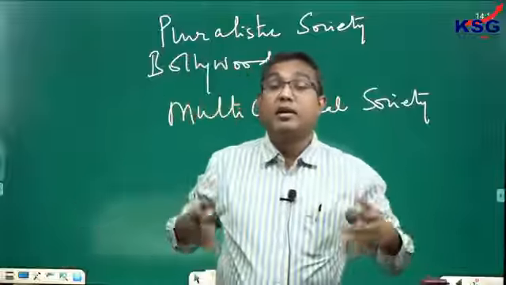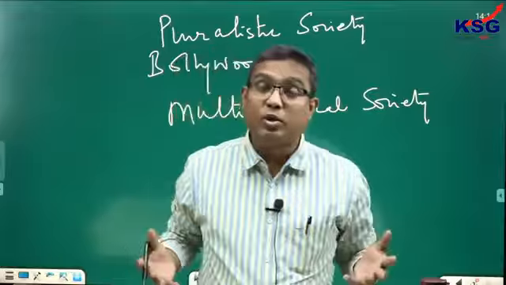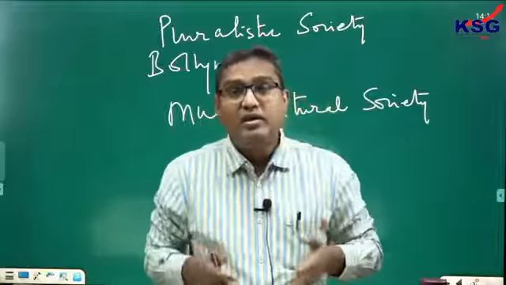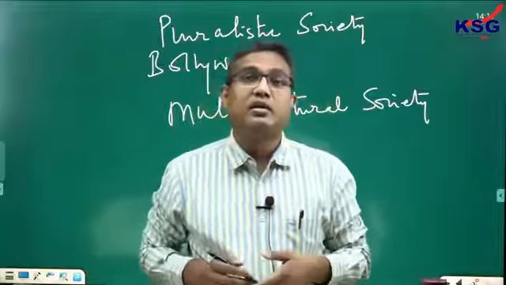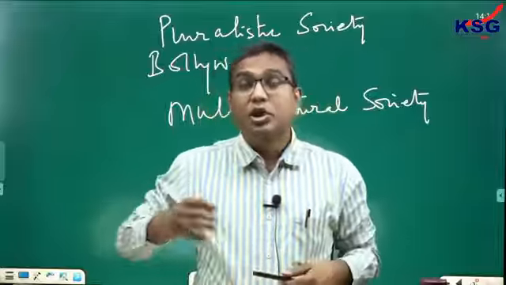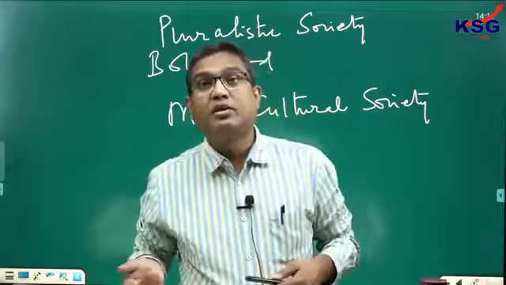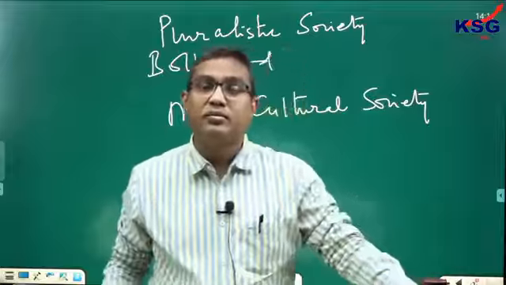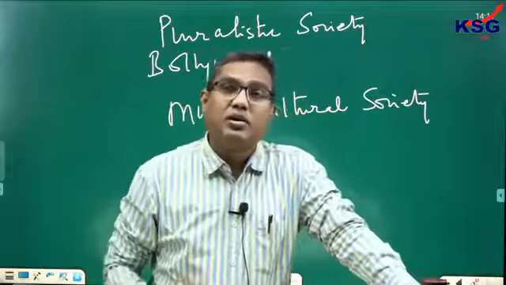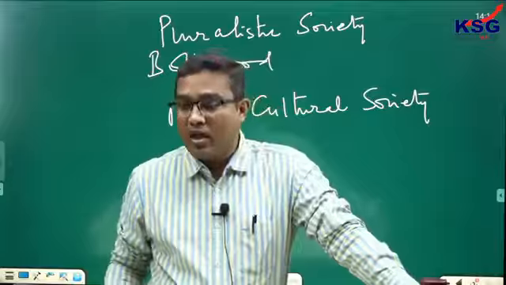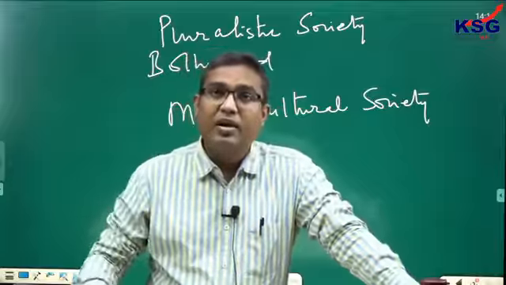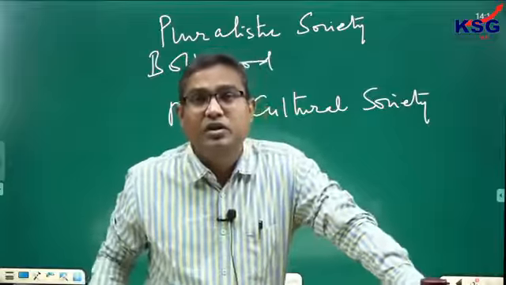People from different regions are coming to Kolkata, living together. Marwadis are there, Bengalis are there, Muslims are there, scheduled castes are there, scheduled tribes are there. They all are living together. That is multicultural. But if I ask you a question, are they having relationships like marriage with each other?